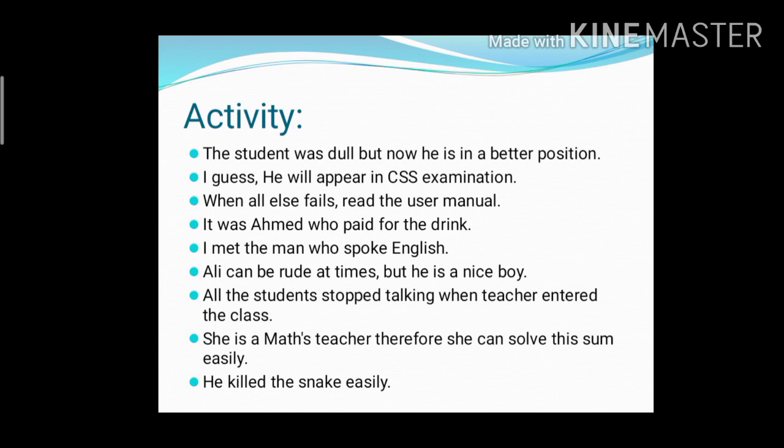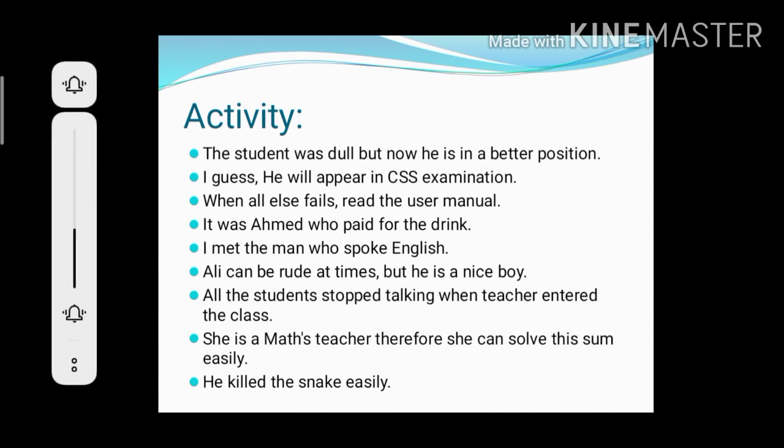Here guys, in the next sentence, I guess what? Here it doesn't convey a proper or specific meaning. He will appear in CSS exam. Here we can say that he will appear in CSS exam is an independent clause, while our first clause, I guess, is a dependent clause.